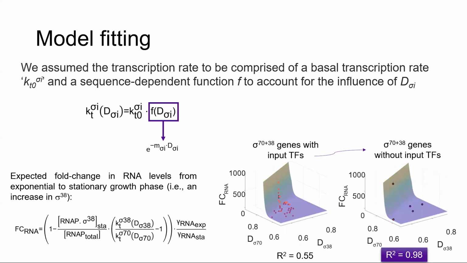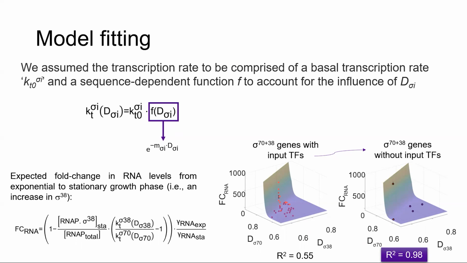To do that, we assume that the transcription rates are comprised of basal transcription rates, called here KT0, sigma i, and a sequence-dependent function f to account for the influence of the p distances. Given this and the analytical solution of our model, we found that the changes in RNA expression were best described when we assumed that the p distances affected the rate constants exponentially.